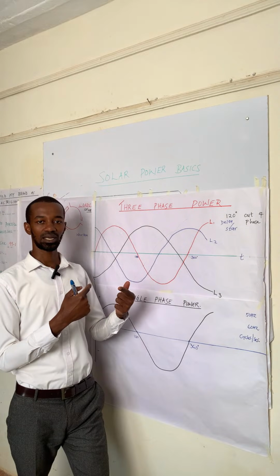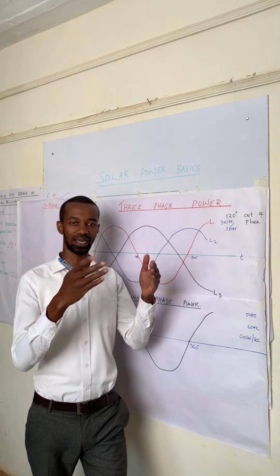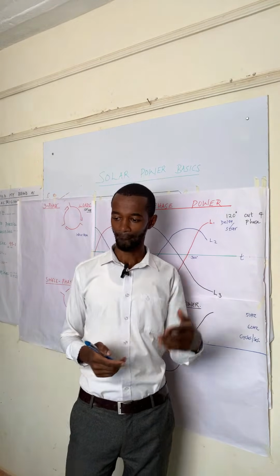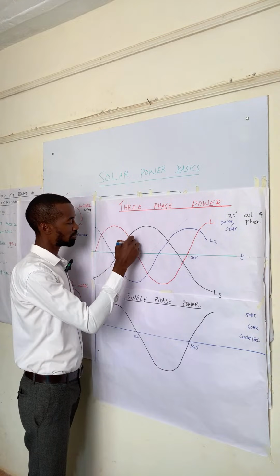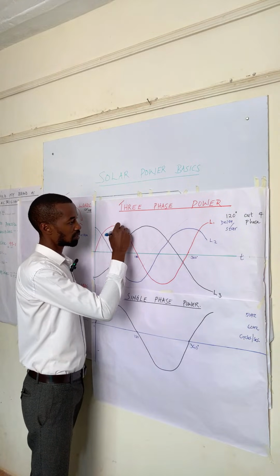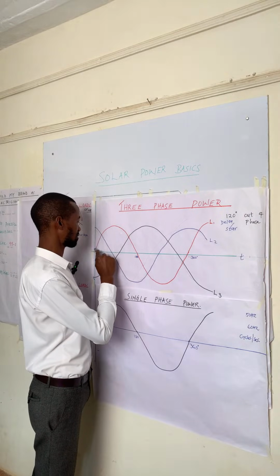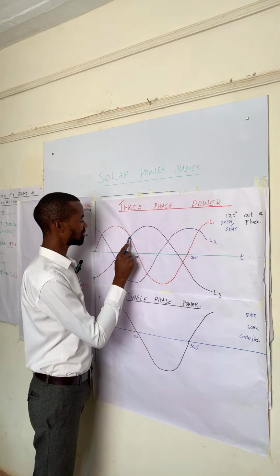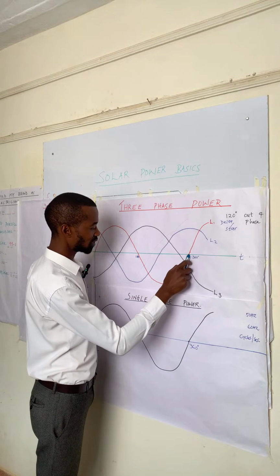That is the reason why we have the name alternating current, meaning AC. So in that scenario, one wave is up, and then the next wave is down.